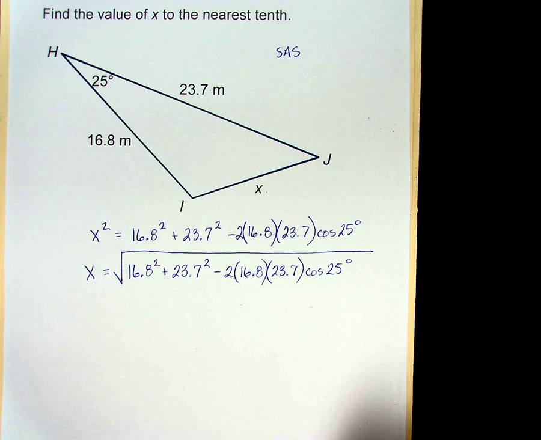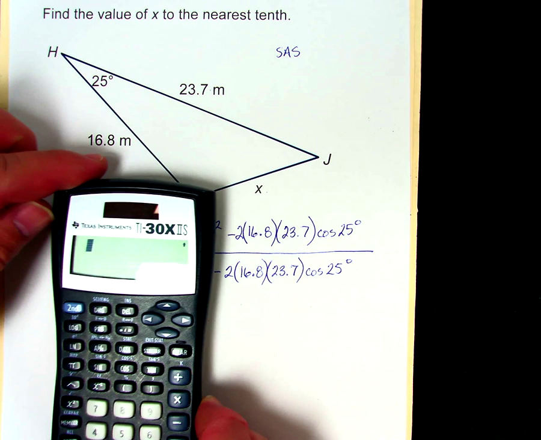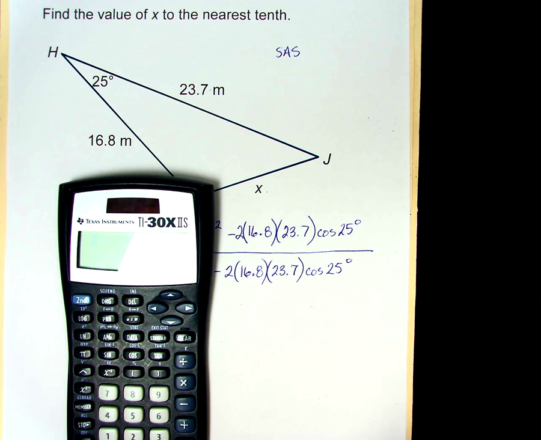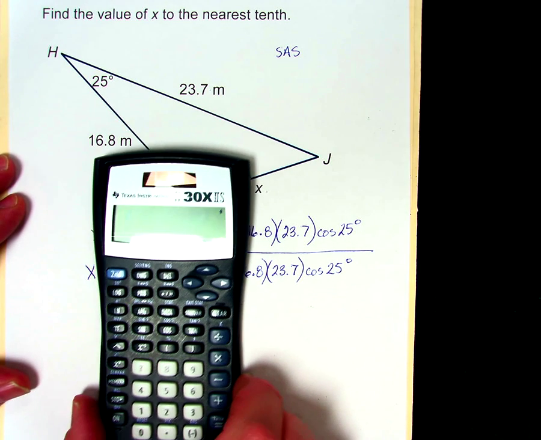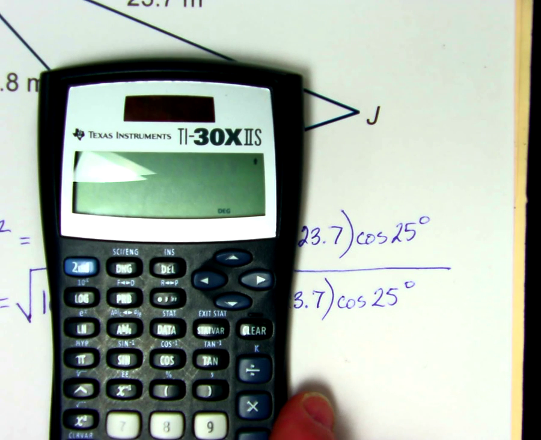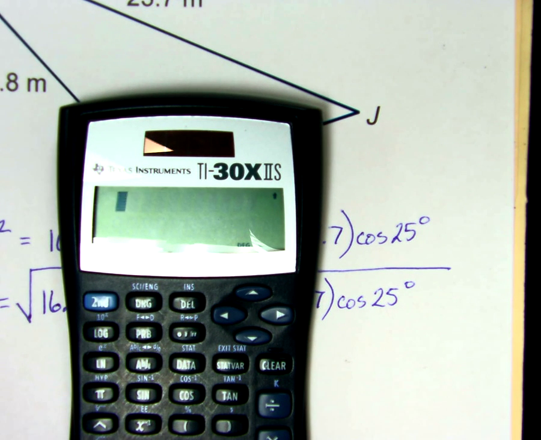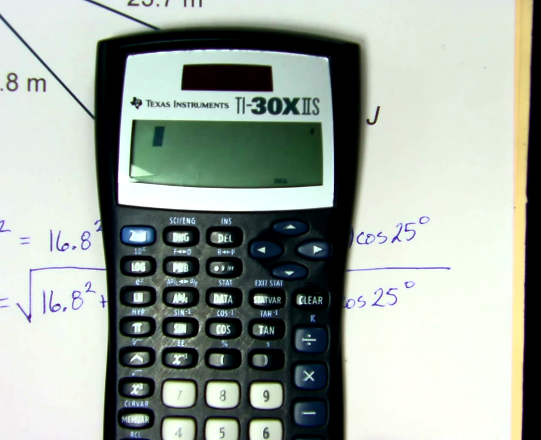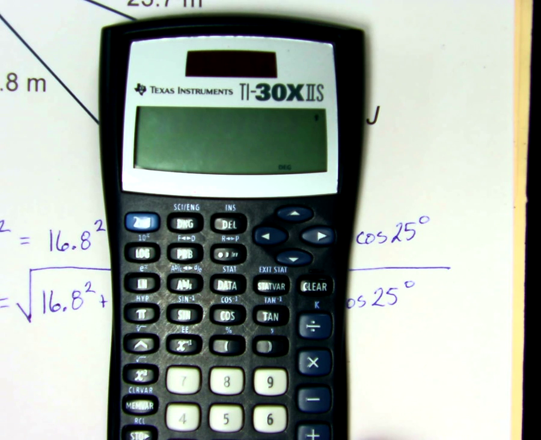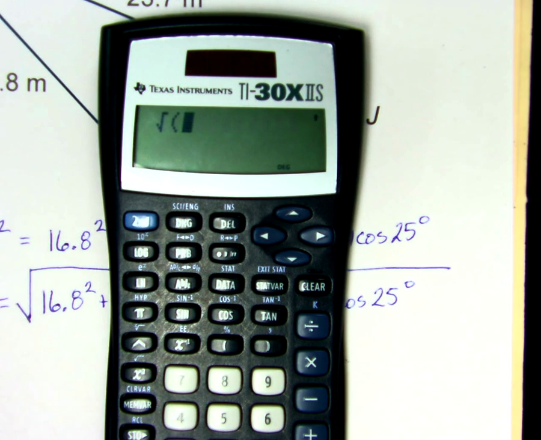So if I have the calculator that shows me everything, and I'll zoom in on this so we can see it a little bit better. Okay, I'm going to have the square root. So in this calculator, that's above x squared. So second, x squared. So now we see the square root symbol in a left parenthesis.